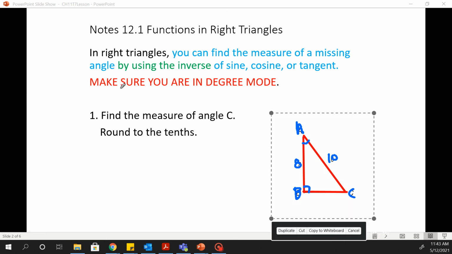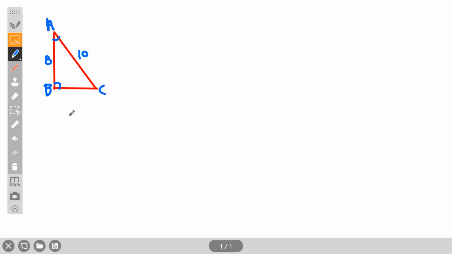Okay, so it says find the measure of angle C. So the angle I'm concerned with is C. I want to know the measure of this angle. So to this angle, this is the opposite side, this is the hypotenuse, and this is the adjacent side.